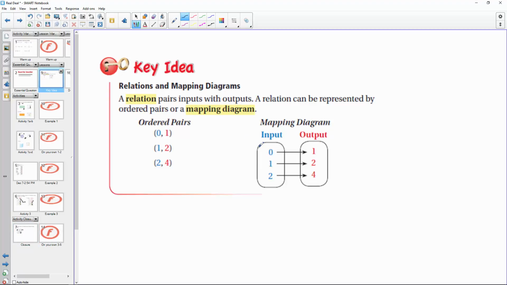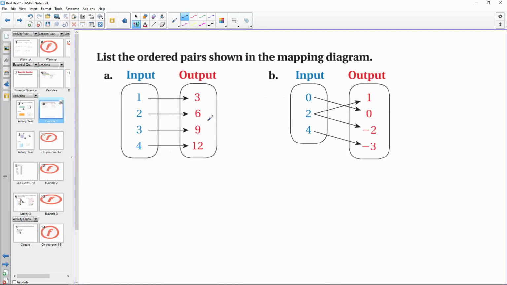So what we're basically doing is taking the relations or pairs of inputs with outputs. Okay, so a relation can be represented by ordered pairs or a mapping diagram. These mean exactly the same thing as I said before. So if I look here, let's look at the ordered pairs. So I'm going to have like 1, 3, and then 2, 6, and 3, 9, and 4, 12.